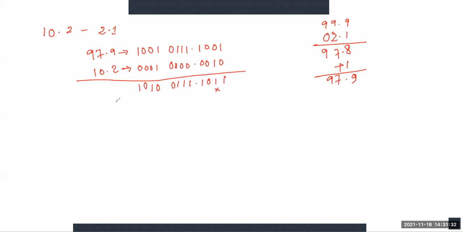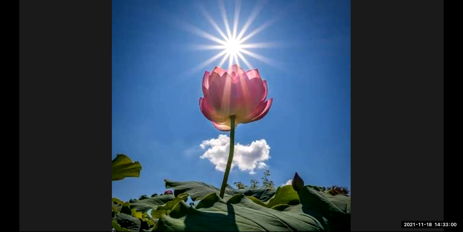Sir, your voice is cutting out. Okay, so this bit and this bit are invalid, that's why we are adding 6 to each. Sorry, there was a network issue, that's why we are facing some problem.